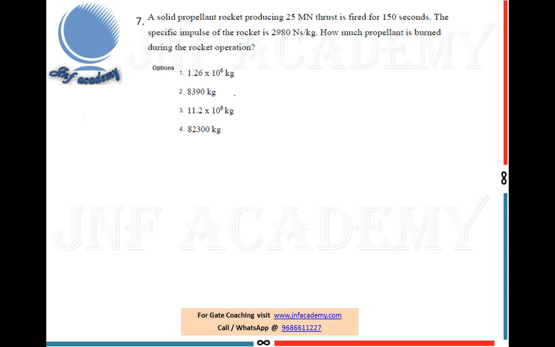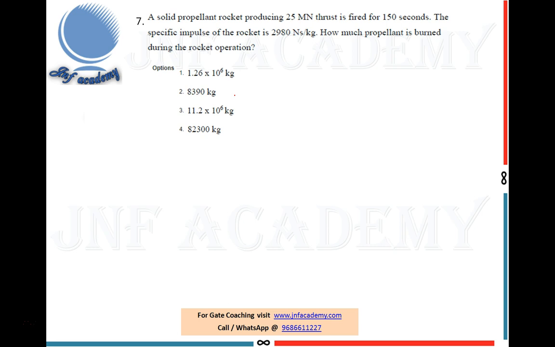A solid propellant rocket is producing 25 meganewton thrust and is fired for 150 seconds. So the time here is 150 seconds. The specific impulse of the rocket is given, which is 2980 Ns per kg.